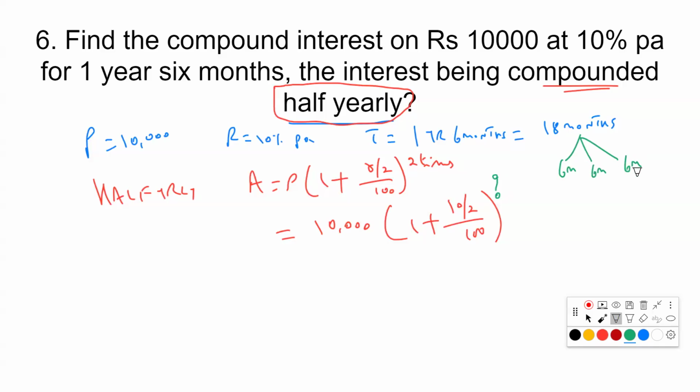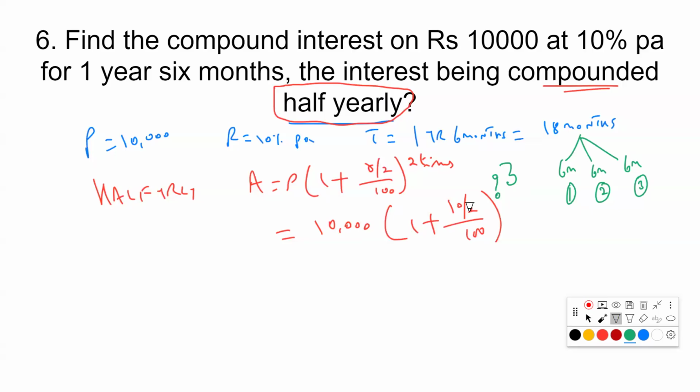How many times do I have to calculate in 18 months? This is 1, at the end of 12 months it is 2, at the end of 18 months it is 3. So what will be my answer? Power 3.